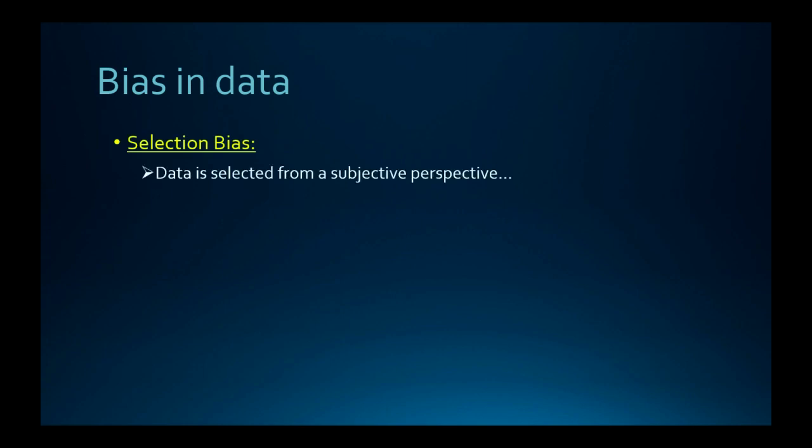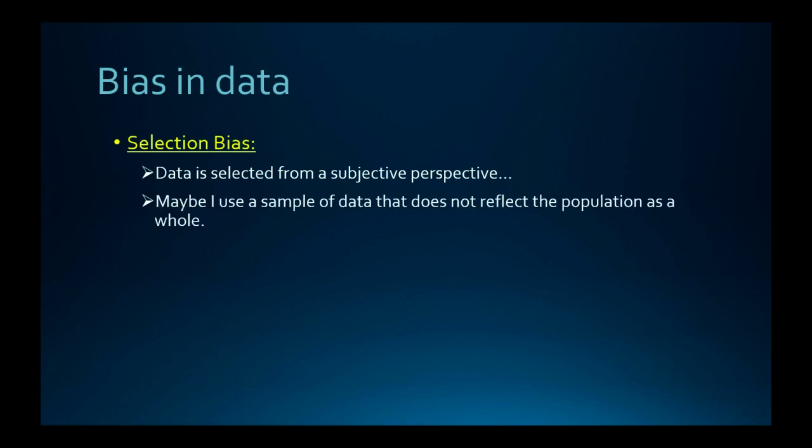So here's the idea that data has to be selected in a way that it's not going to have this subjective perspective. And so when data is selected in a way that has a subjective perspective, then we have selection bias. And I'm going to give you some examples.